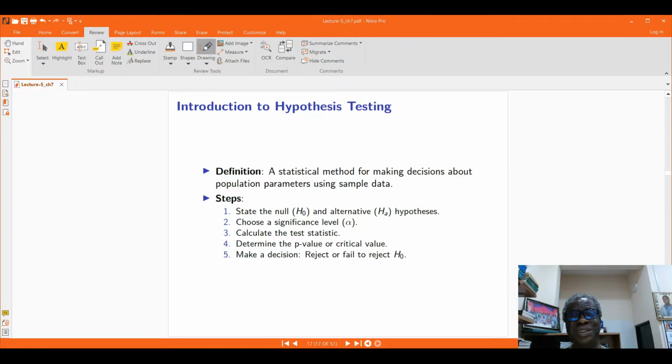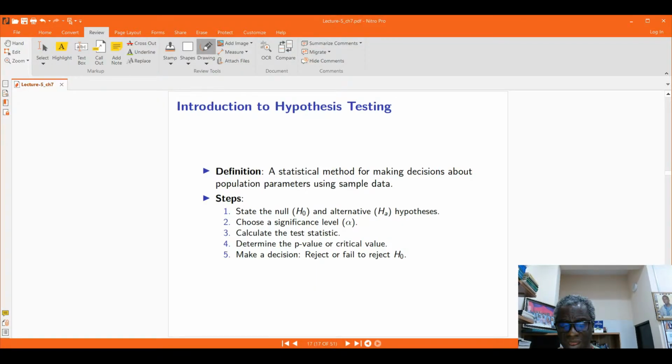We choose a particular means of transportation. So you take decisions from time to time. But hypothesis testing is a structured approach, a systematic approach. It's a statistical approach for making decisions about the population parameters based on sample data.